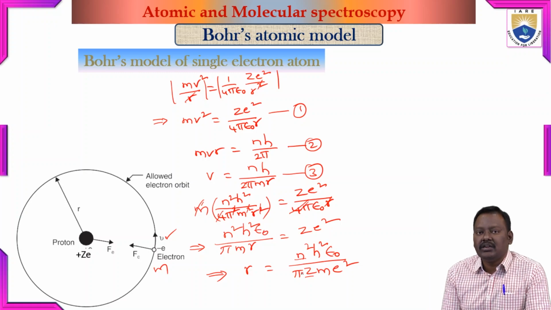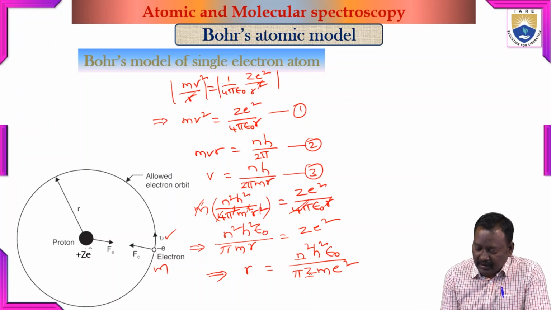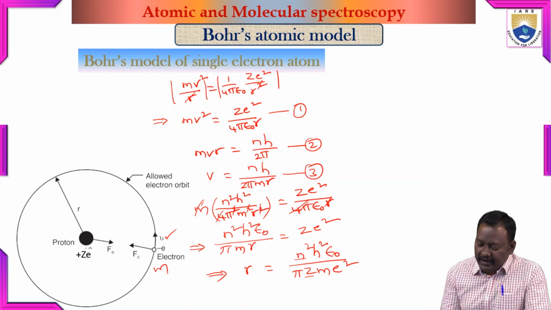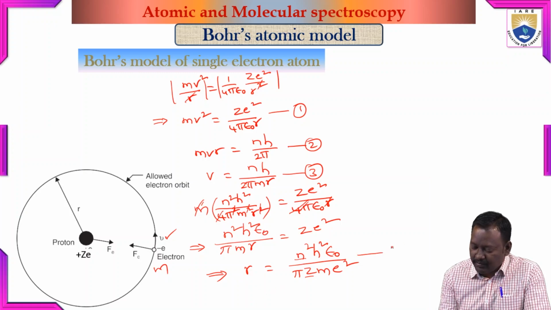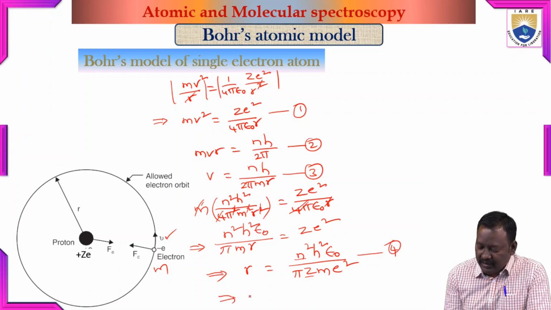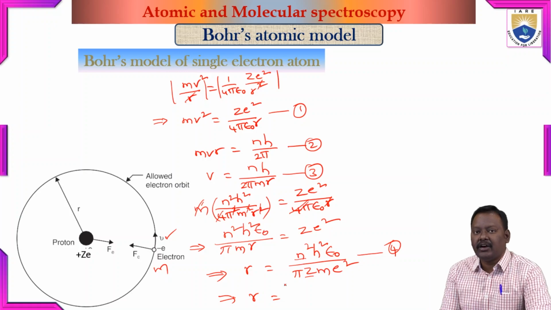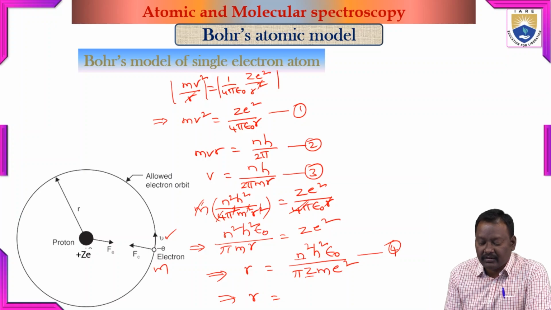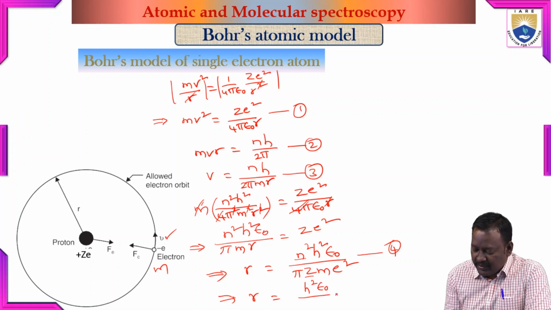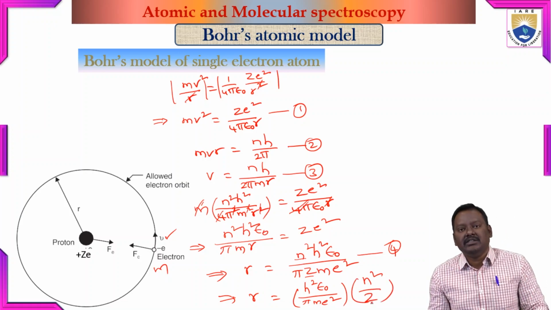So all these values are constant except n and Z. So the radius of the electron orbit, let us say equation number 4, for different orbits of any single electron atom, must be equal to h square epsilon naught by pi m e square into n square by Z.